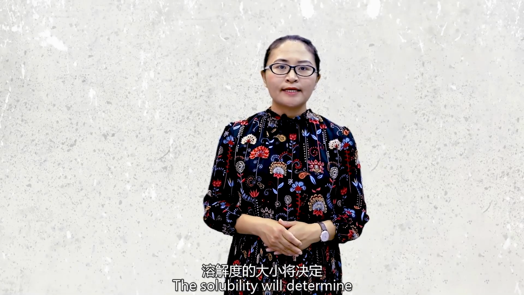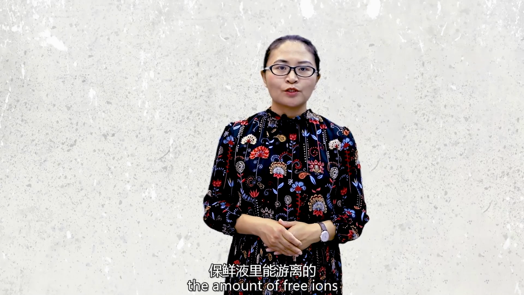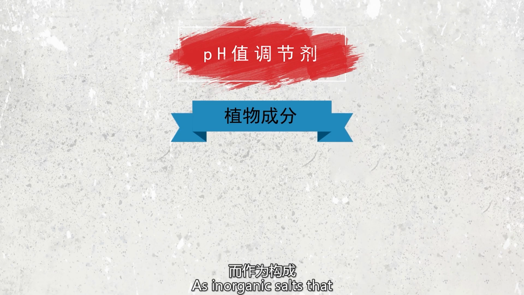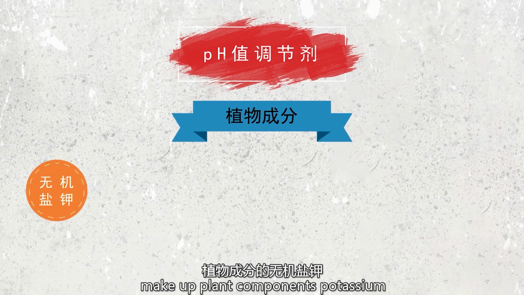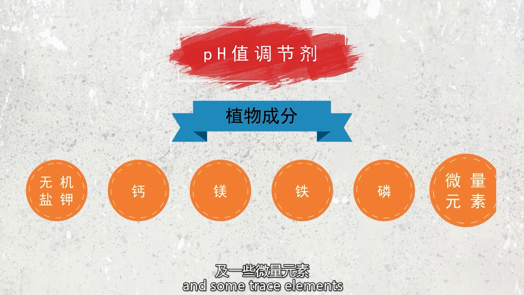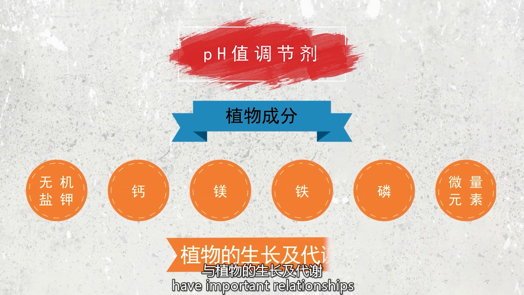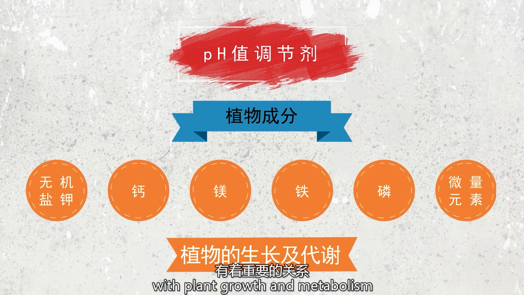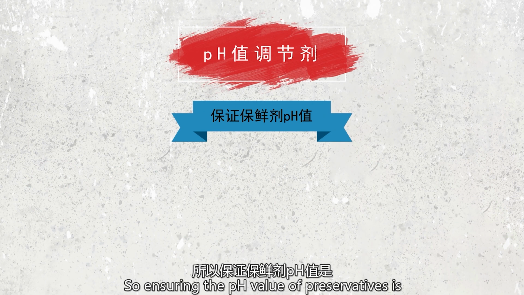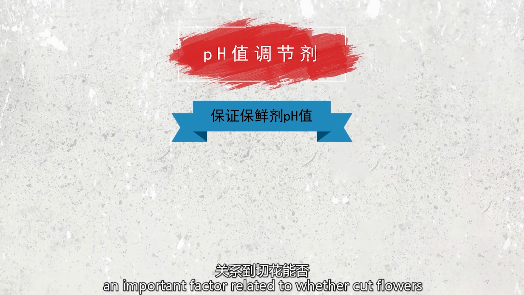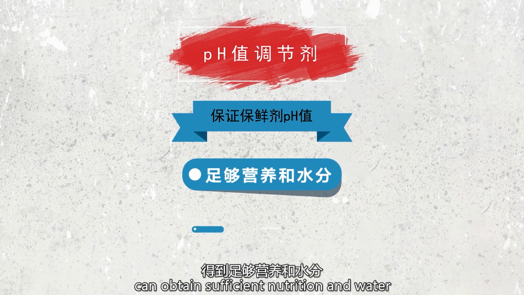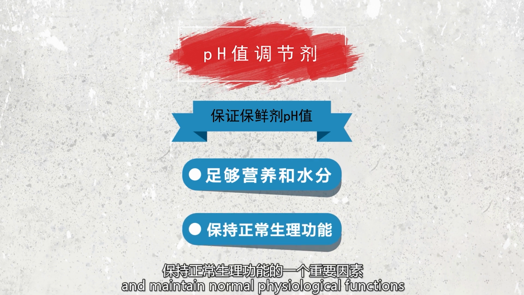The solubility will determine the amount of free ions in the preservative solution, as inorganic salts that make up plant components, potassium, calcium, magnesium, iron, phosphorus, and some trace elements, have important relationships with plant growth and metabolism. So ensuring the pH value of preservatives is an important factor related to whether cut flowers can obtain sufficient nutrition and water and maintain normal physiological functions.